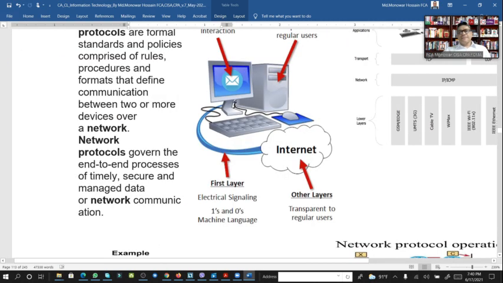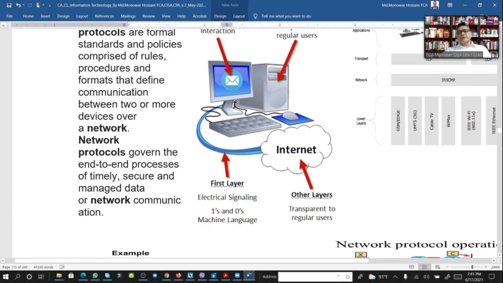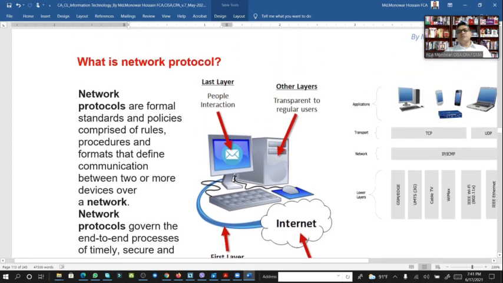In this picture, the first layer is the electrical signal, the binary 0 and 1 machine language. The last layer is where people interact; in the PC we see the mail, and the other layers are internet and transport for the regular user.